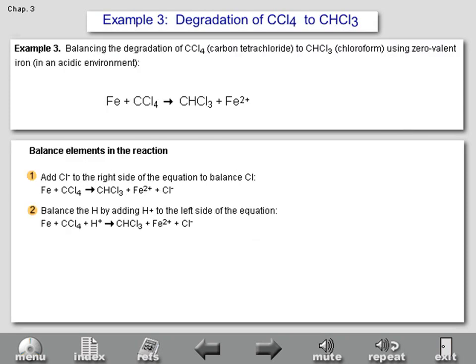This equation represents the reduction of carbon tetrachloride by iron, which is a contaminant degradation reaction that occurs in an iron wall.